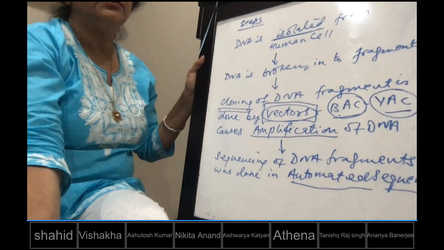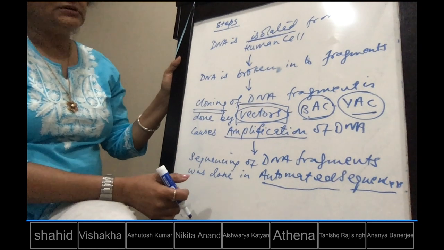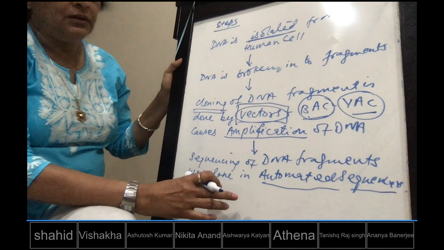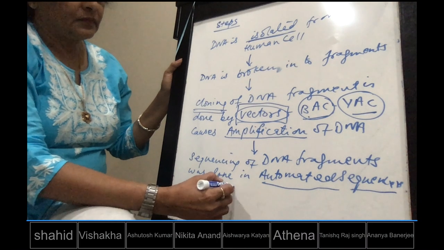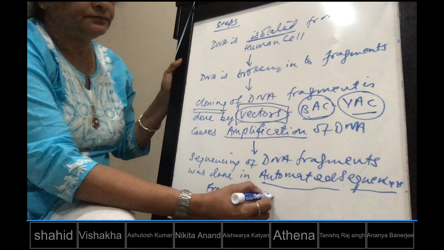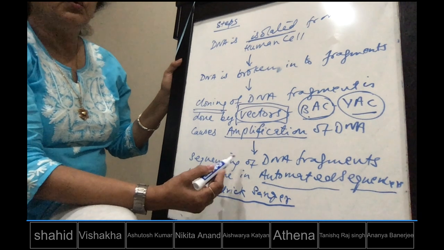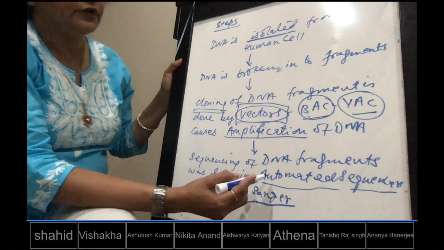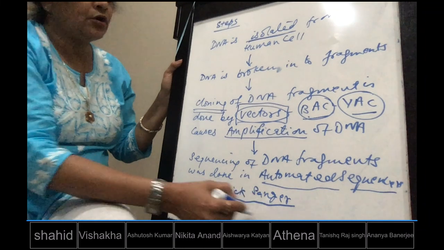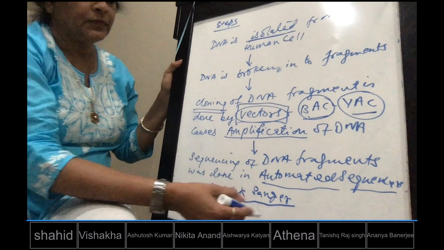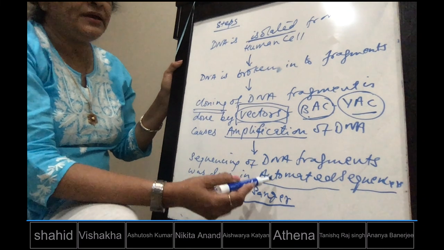And these automated sequencers worked under the principle given by Frederick Sanger. So Frederick Sanger is the name of the scientist who gave the principle or the method for automating sequencing of DNA fragments.